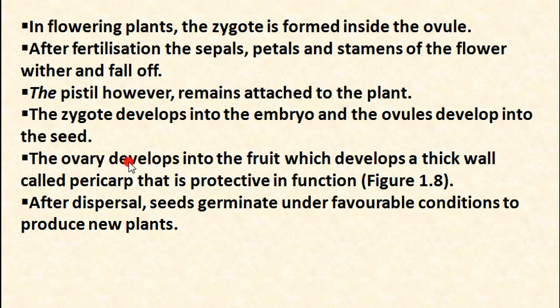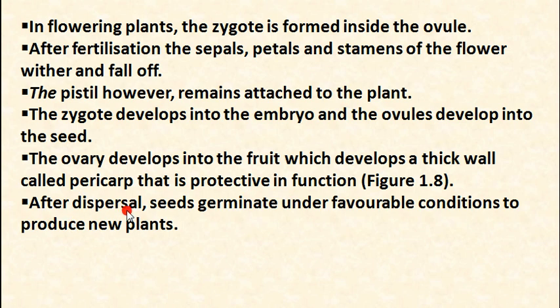The ovary of the flower develops into the fruit, which develops a thick wall called the pericarp. This is very important. The pericarp is a thick wall formed by the fruit from the ovary. It has a protective function, meaning it will protect the seed.